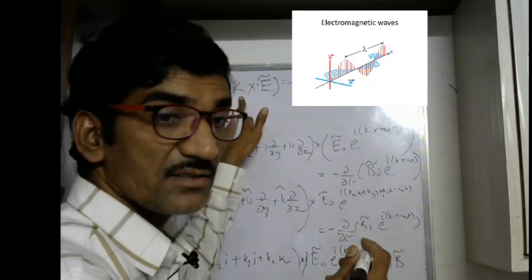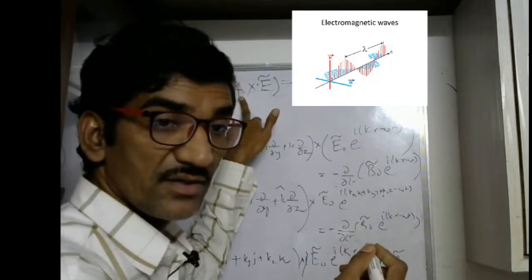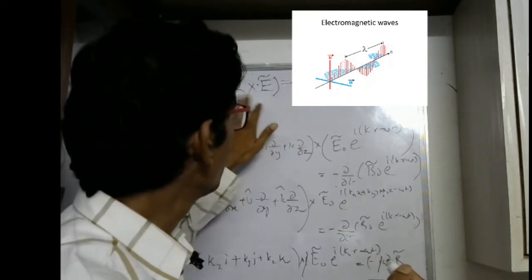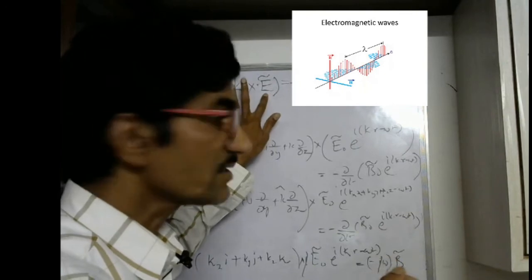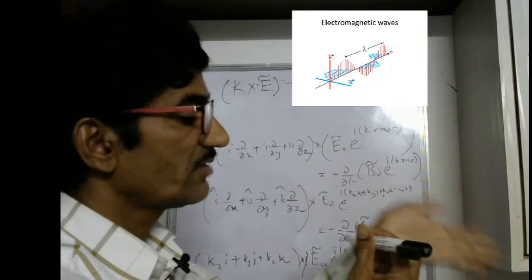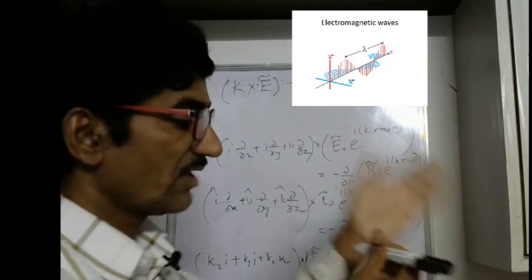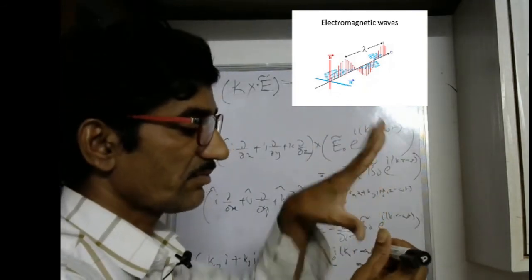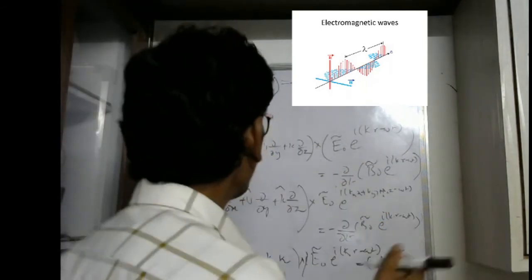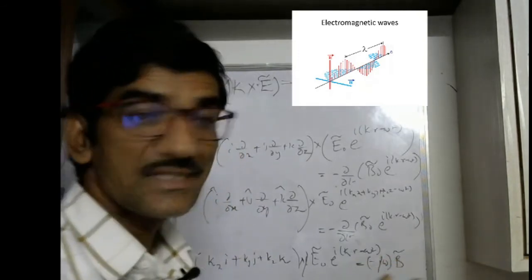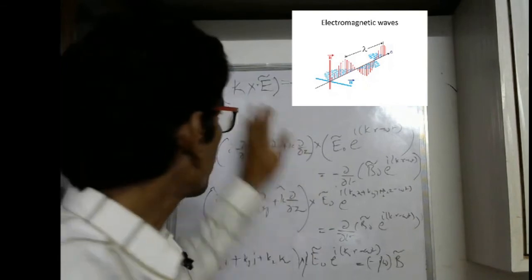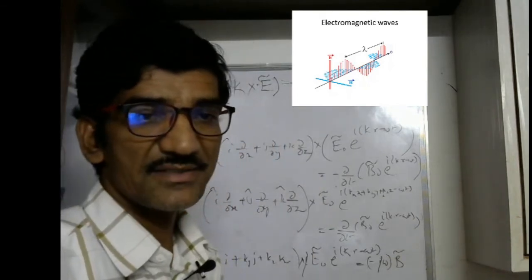Z is the direction of propagation, and this is the direction of E along the X axis. Then your B will be along Y, because B is perpendicular to the plane consisting of this line and this line, Z axis and X axis. What is the meaning of that? E and B are perpendicular, and both are perpendicular to the Z axis.